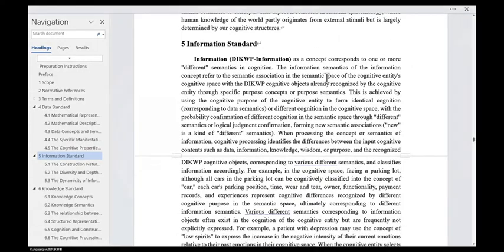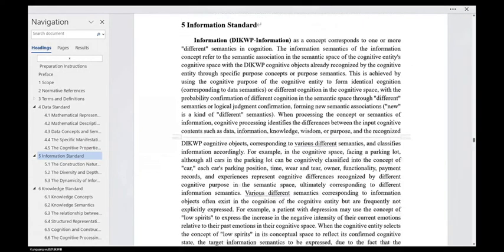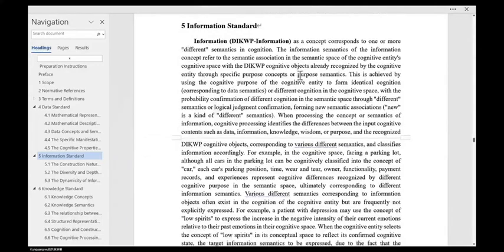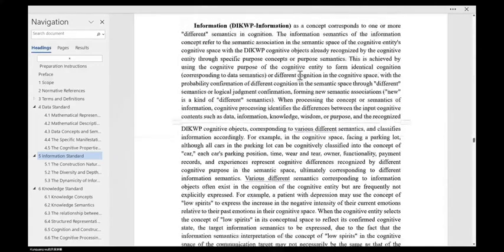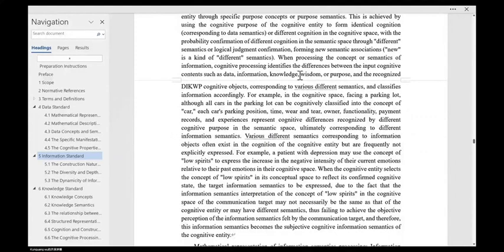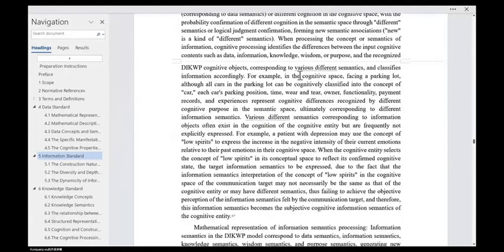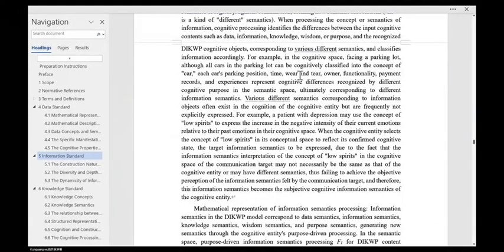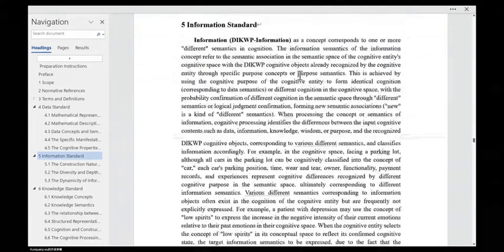And now we enter the information standard. I think you can start with the information standard.